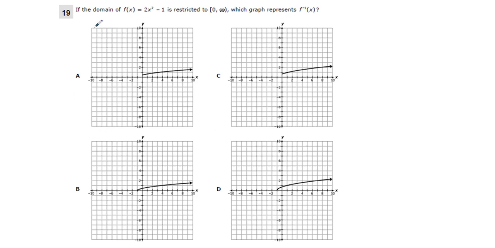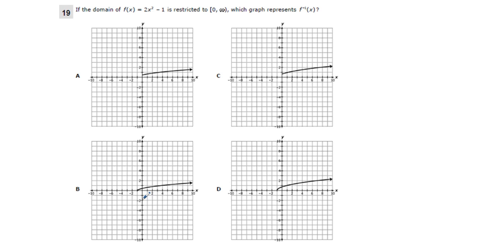19, if the domain of f of x equals 2x squared minus 1 is restricted to 0 to infinity, which graph represents the inverse of this? Well, we can go ahead and see what that looks like and just go from there. So we're going to put 2x squared minus 1.